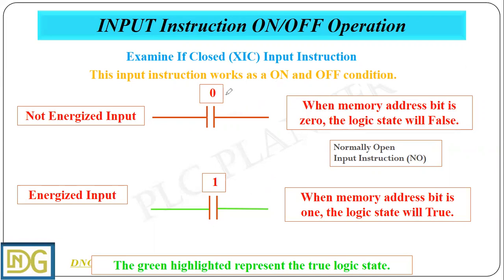It will not share the signal to another instruction, and it will not forward the signal to the connected further instructions. The green highlight represents the true logic state.